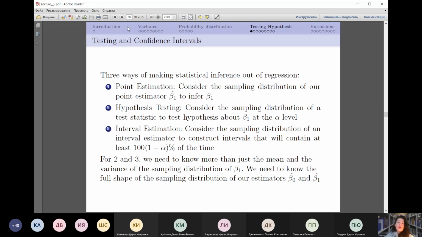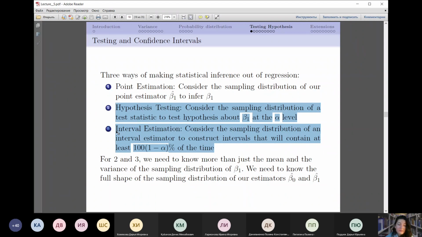So how can you use the statistical inference of your regression? You have three options. The first one is just a point estimation. The second one we discussed during the previous lectures. And now we want to discuss point 2 and point 3. We want to discuss hypothesis testing, considering the sampling distribution of a test statistic to test hypotheses about our coefficients with some significance level.